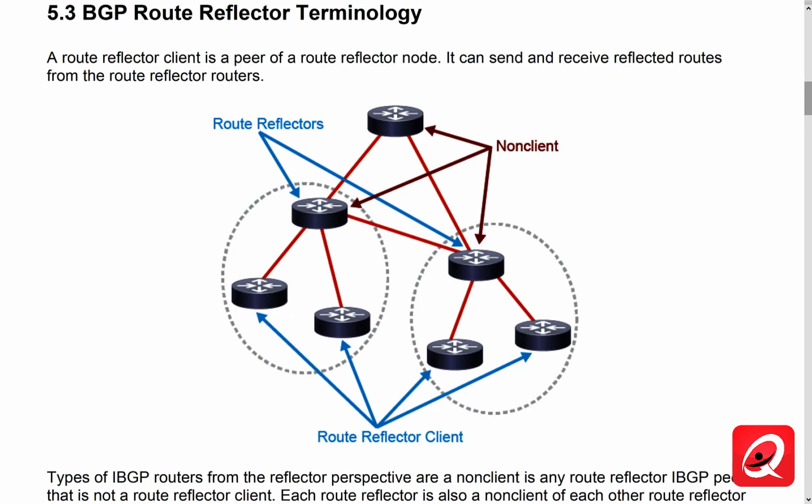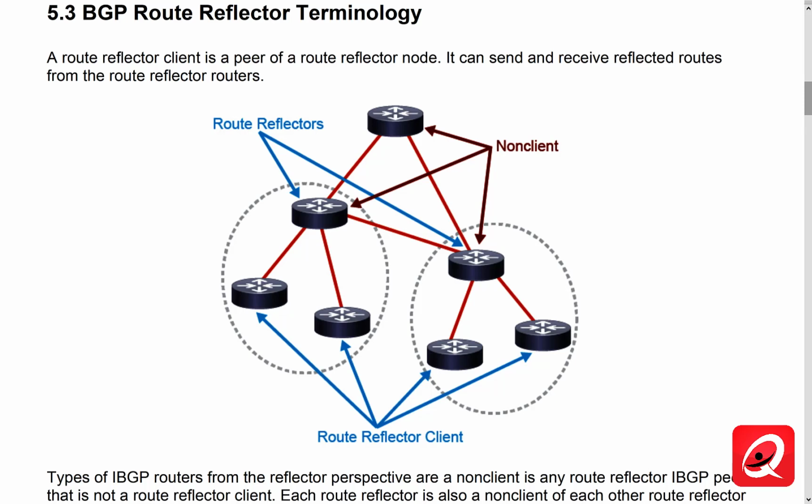Now, the route reflectors themselves have to be fully iBGP meshed with non-clients, because essentially a non-client is just a normal iBGP speaker that we're establishing a relationship with. A client, on the other hand, is any iBGP peer that the route reflector reflects routes to. And that's based on the configuration on the route reflector router that we set up.